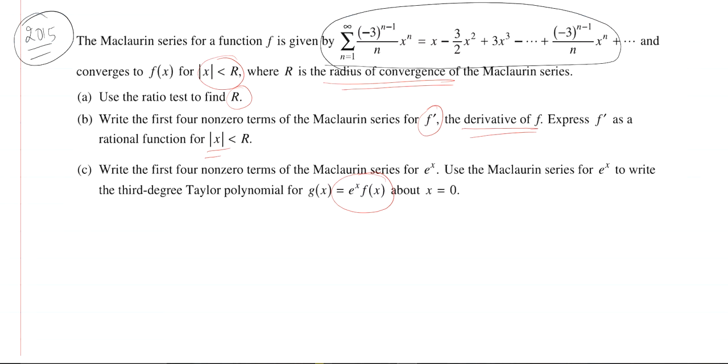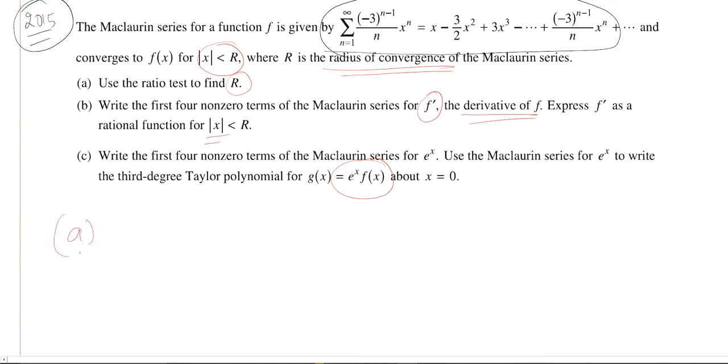First, we'll use the ratio test to see what we're getting. So what we have is this series where the general term is negative 3 to the power n minus 1 over n times x to the n. When we do the ratio test, we'll try to evaluate what the ratio of the n plus 1th term to the nth term looks like.